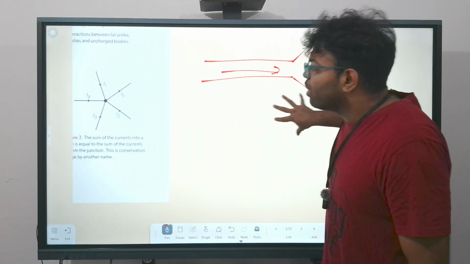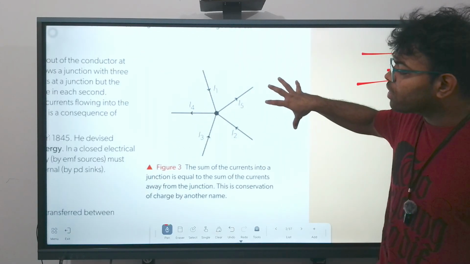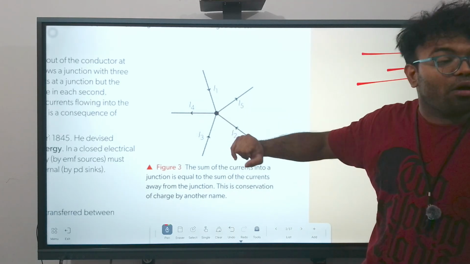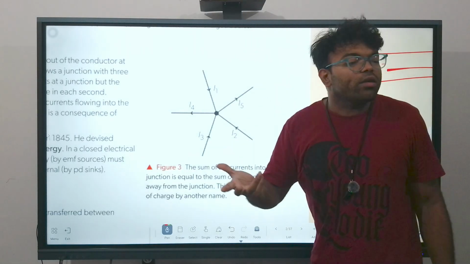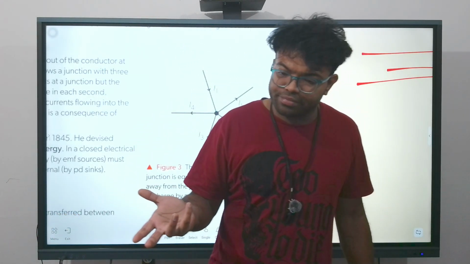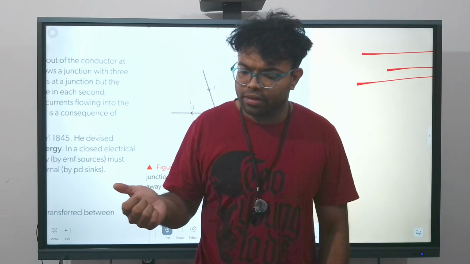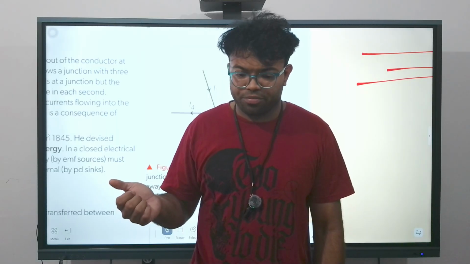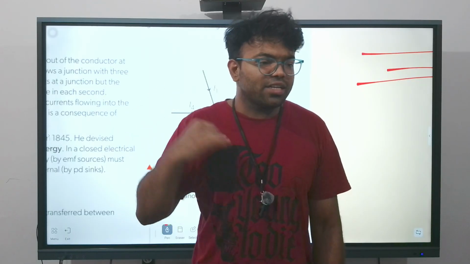Similarly, in the case of current, the amount of current entering a junction should be equal to the amount of current exiting the junction. What is the definition of current, Akshay? It is the rate of flow of electrons, charge upon time.